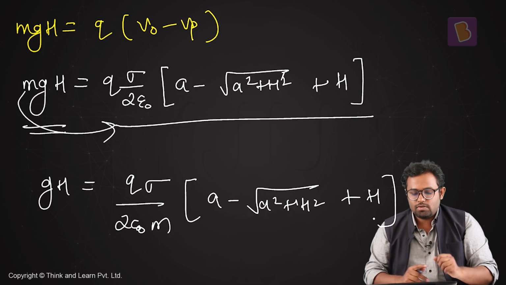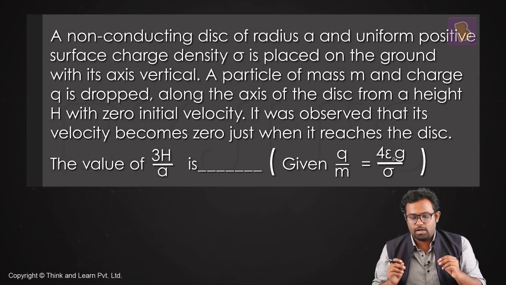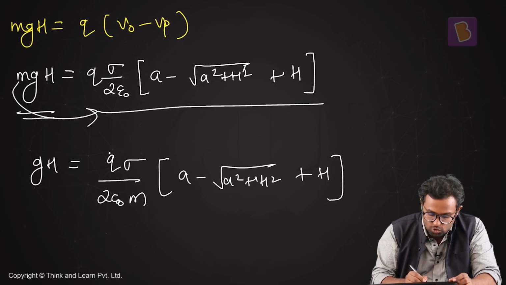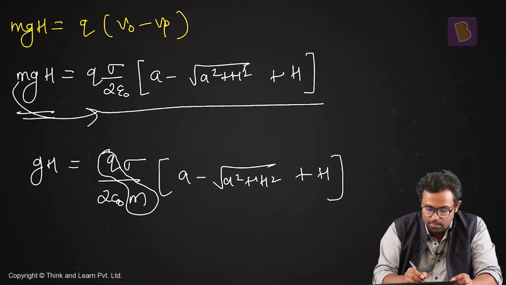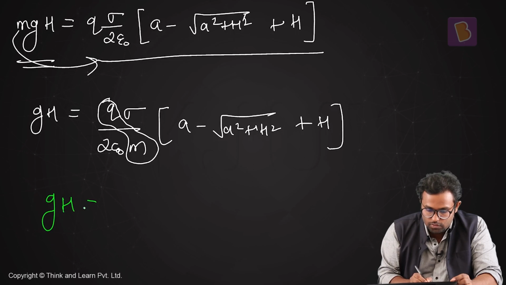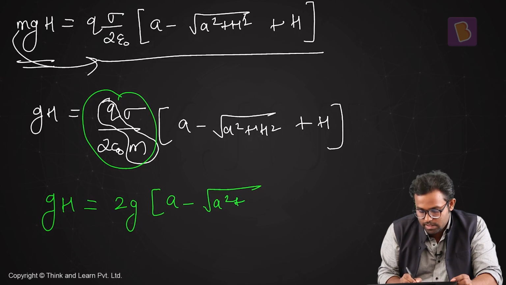It is given in the problem that the ratio q by m is 4 epsilon naught g by sigma. So I can replace this q by m with 4 epsilon naught g by sigma. When I do that, I get gh is equal to 2g times A minus root over A square plus h square plus h.